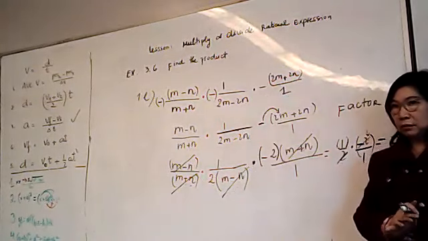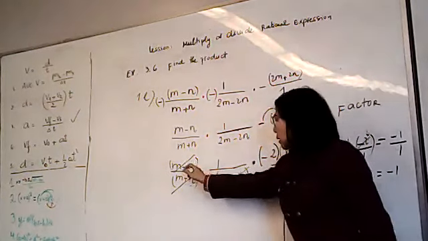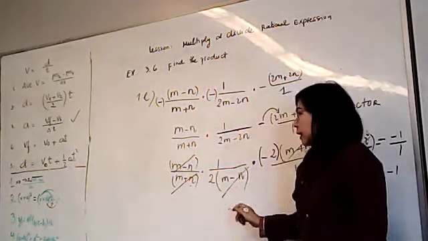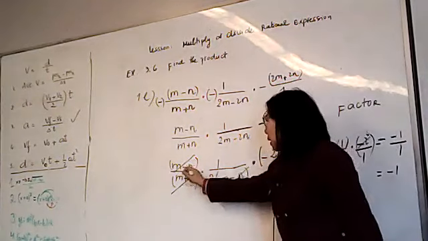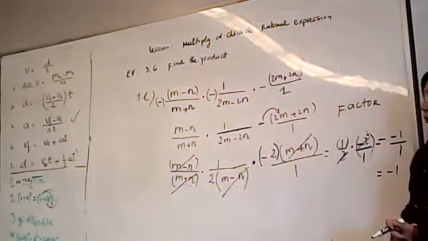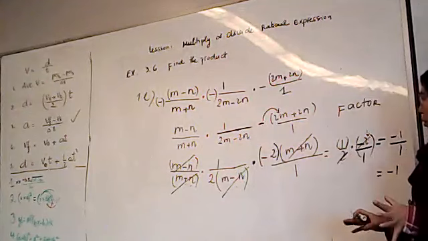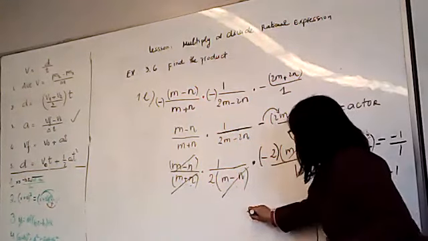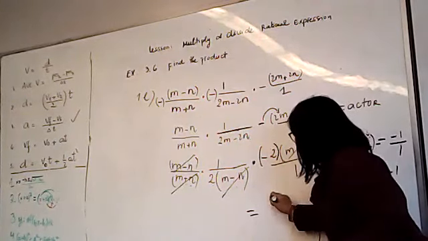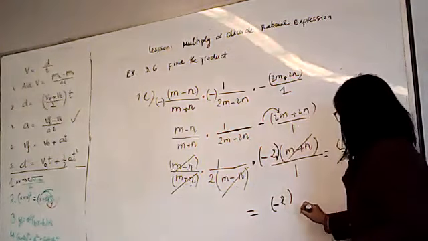Now I look at m minus n, they're exactly the same. Cancel again. Now what do I have left over? I have -2 left over, this number on top.